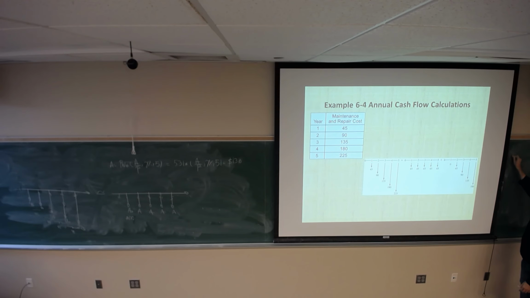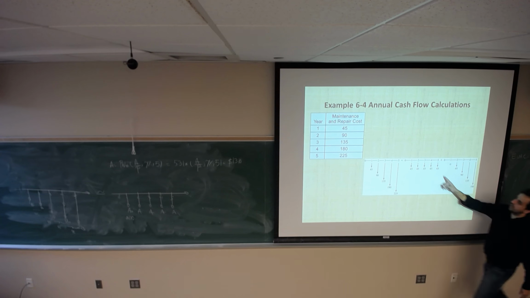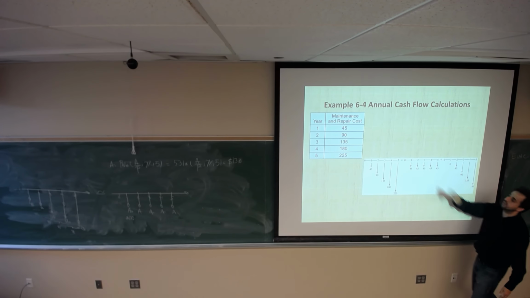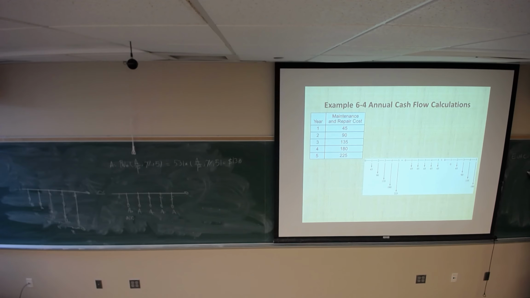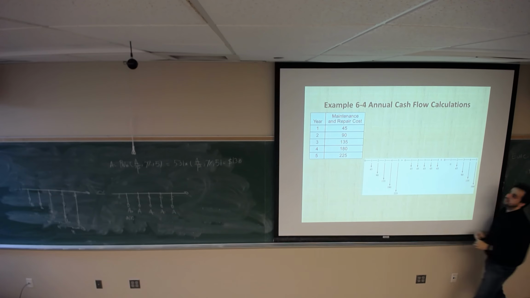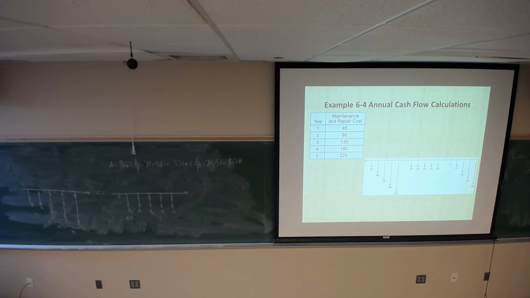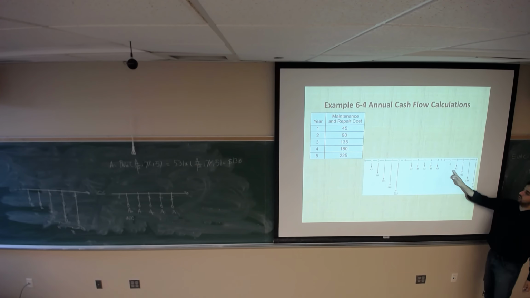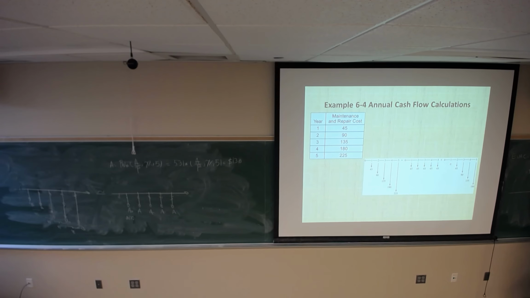So EUAC would be EUAC1 plus EUAC2. What would be the equivalent uniform annual cost for the first cash flow diagram? It's 45. I don't need to change this because it's already in the form of uniform annual payment. For the second one, what would be the equivalent uniform annual cost?